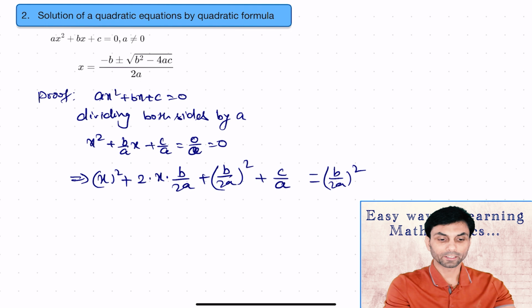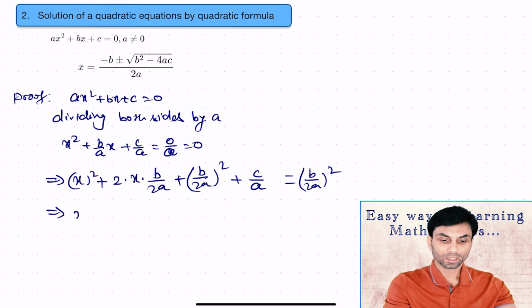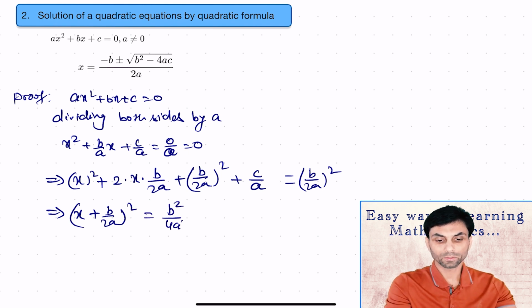Now on solving, we'll get x plus b upon 2a whole square equals to b square upon 4a square minus c upon a.